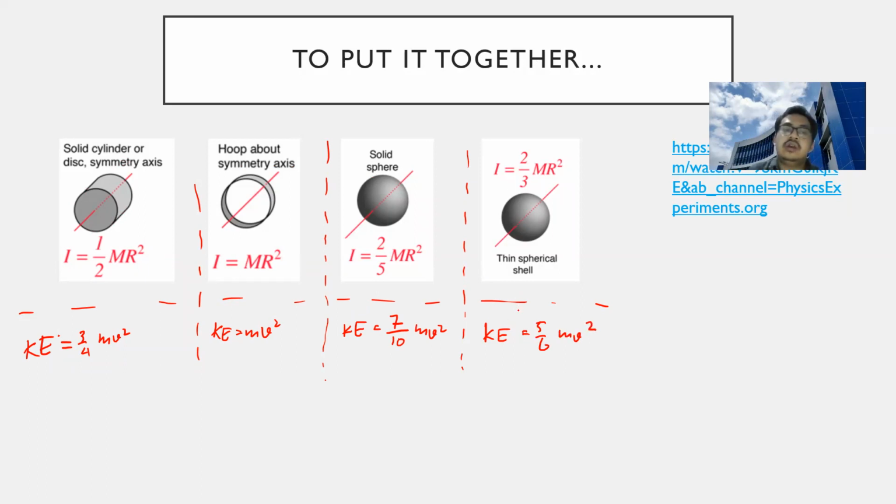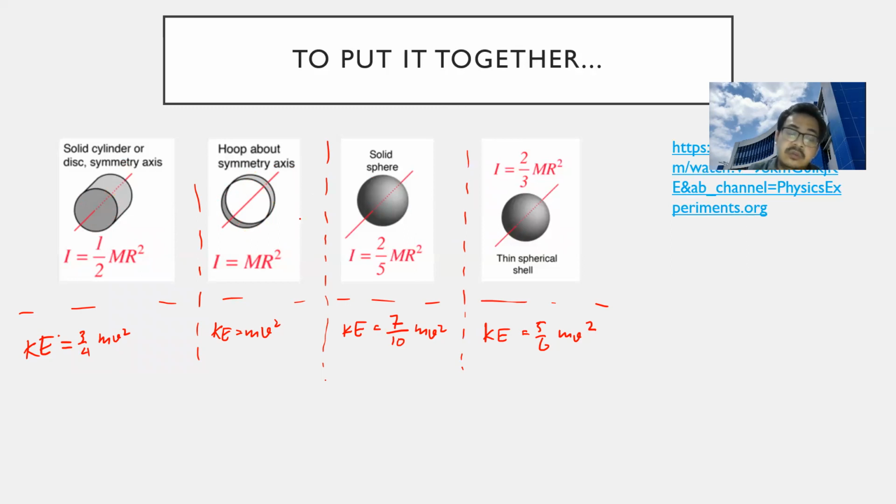To make it shorter, yeah, if these 4 objects have the same value of radius, the size is virtually the same, and the same mass. For example, just imagine that this one bulk solid cylinder has the same mass with the hoop. I know it's almost impossible, but consider this as the same. The hoop is very, very heavy, very dense.